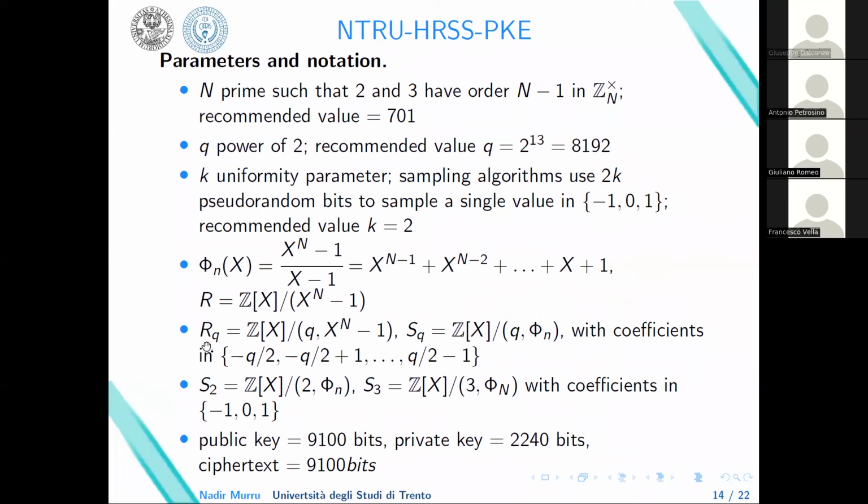And so we have the ring RQ, that is essentially the ring R where we reduce the coefficients of the polynomial modulo Q. And this SQ is the ring obtained modulo this polynomial and reducing then the coefficients modulo Q. Also in the HRSS version, we have the sets S2 and S3 that are exploited in some calculations.